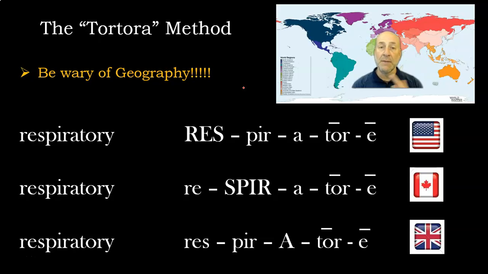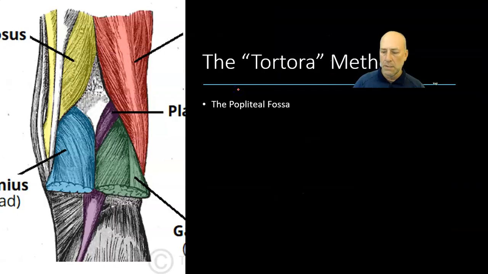We study exactly the same thing in Canada. It's respiratory physiology, or the respiratory system. Study the exact same thing in the United Kingdom, and it's the respiratory system. Same exact thing, 3 different regions, accent moves. So don't worry about it. Use the region you're in, but just be wary that you might hear different pronunciations because people come from different parts of the world. So don't let that freak you out.